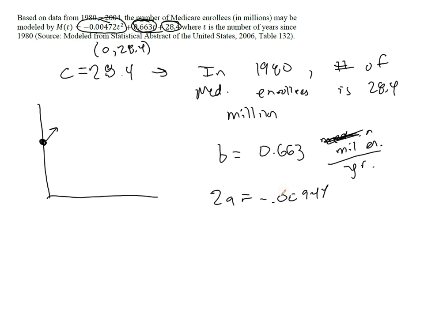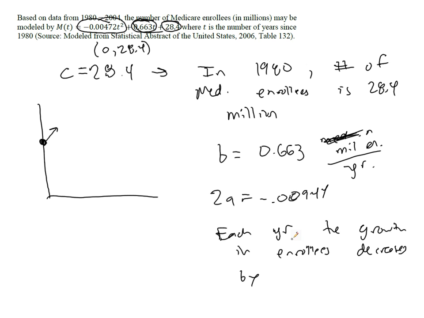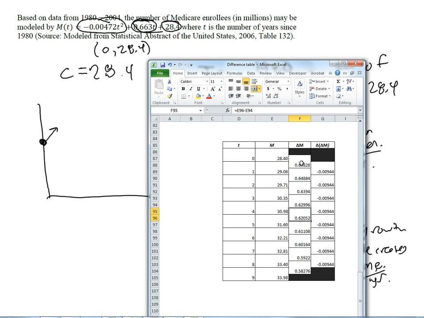So that's twice the value of A. Well, that tells us that each year the growth in enrollees decreases by 0.00944 million enrollees per year. So every year the increase drops by that much.